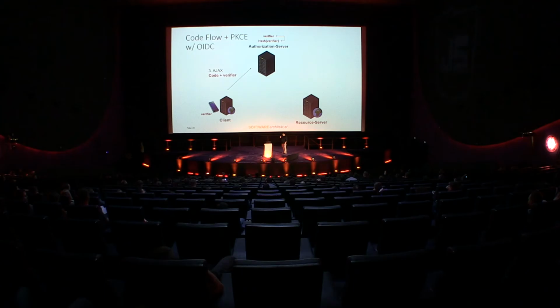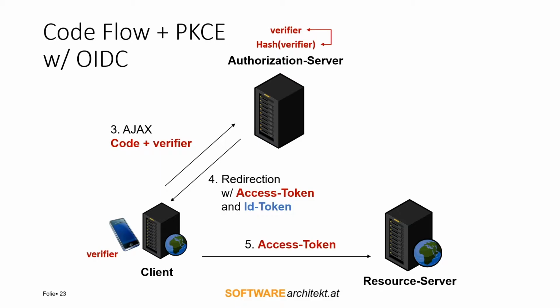And if they fit together, the authorization server knows, okay, this is the right client, which is allowed to use this code to get back an access token and an identity token. So quite smart. Those things have been around for several years and heavily been used with native applications like iOS or Android.